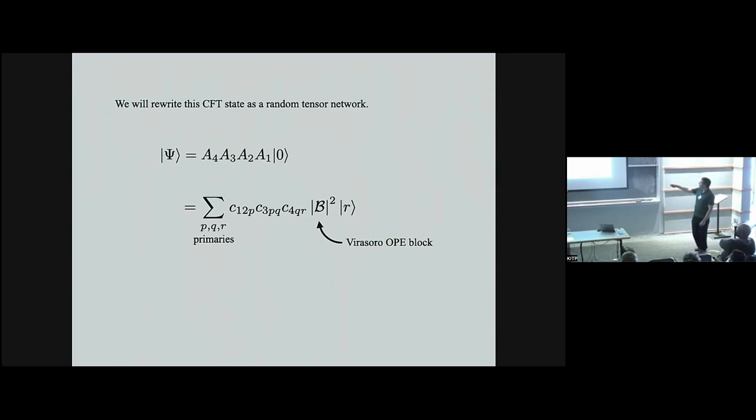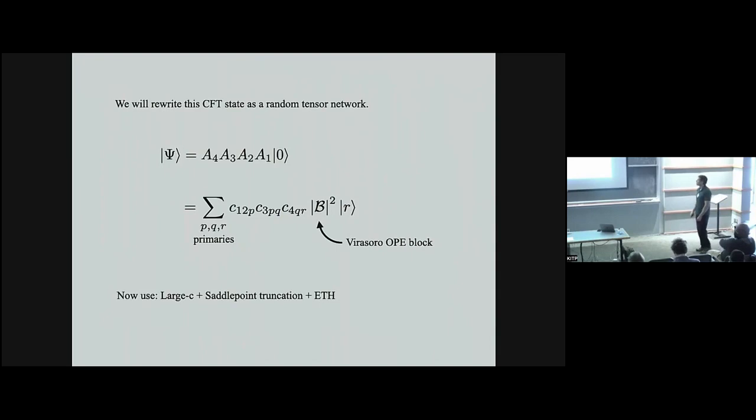There's a primary, there's a representation R that's the final result of doing all these OPEs. And then there's an operator called the Virasoro OPE block that adds the descendants. The role of this operator is to take you from primary states and add descendants to them. And it's completely determined by the Virasoro algebra.